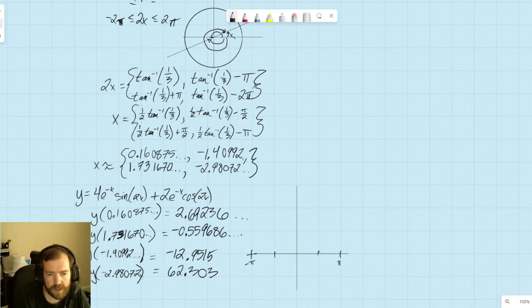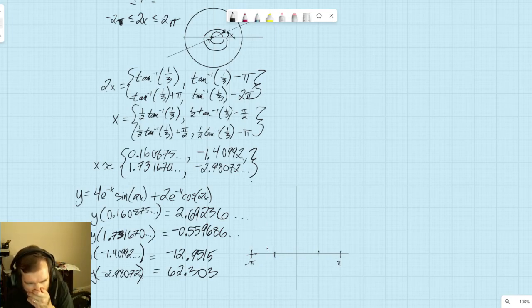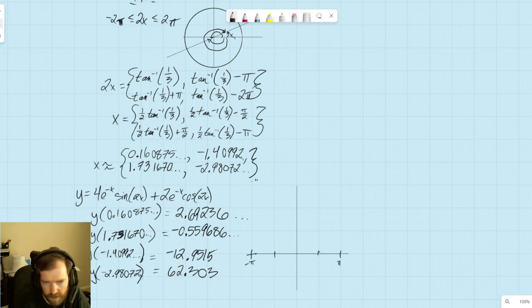So, 62.3 is just going to be off the chart. I'll leave it there. Also, it's not quite there. It's more like here. But whatever, it's fine. Negative 1.4 is just before negative pi over 2. And we have a value of negative 12.9. So it's like close down there. 1.73 is going to be beyond pi over 2.